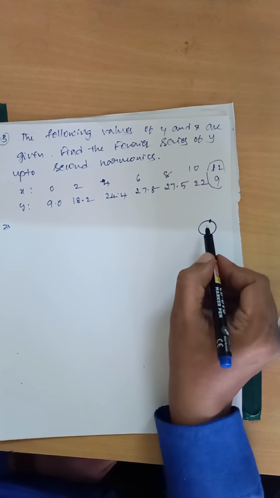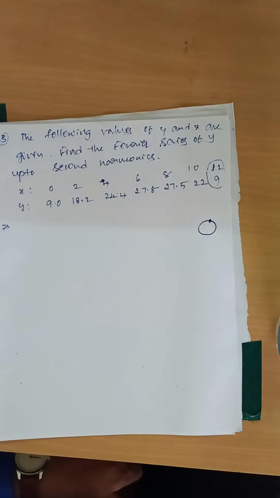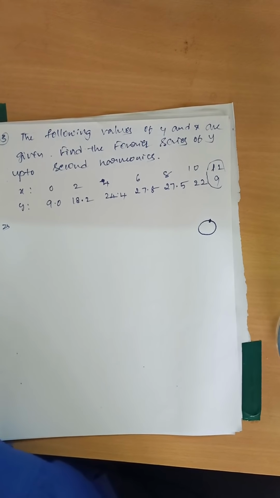That is why you can neglect the last reading. That means we must take 0 less than or equal to x less than 360 degrees, not less than or equal to 360 degrees.